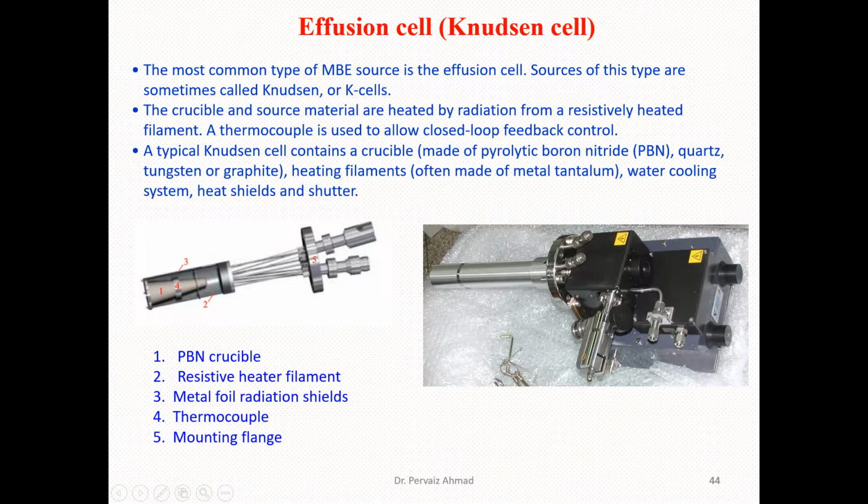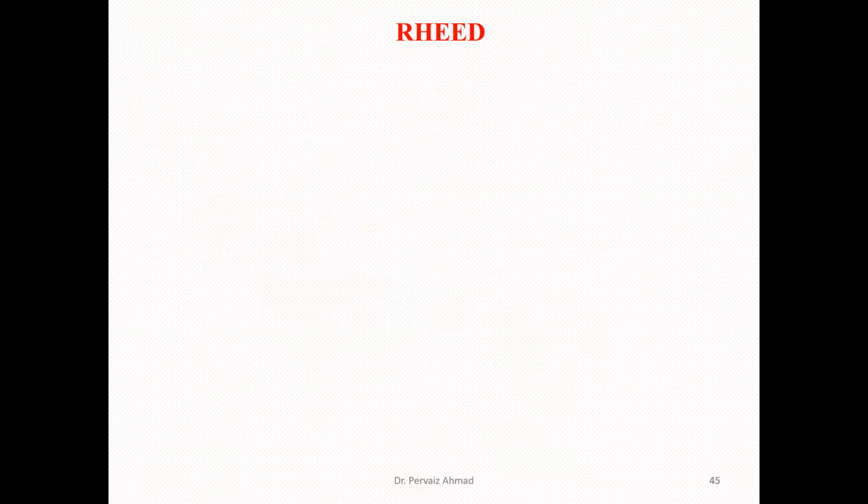And then number 5, here you can see, is basically a mounting flange, or we can also call it a shutter. So these are the different parts of the effusion cell, or Knudsen cell, or K cell, that are utilized in molecular beam epitaxy.